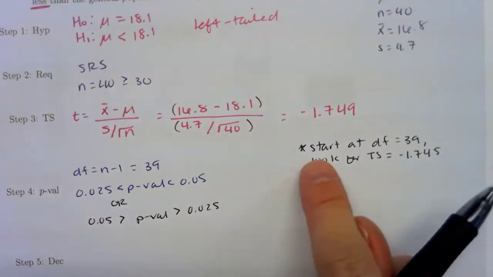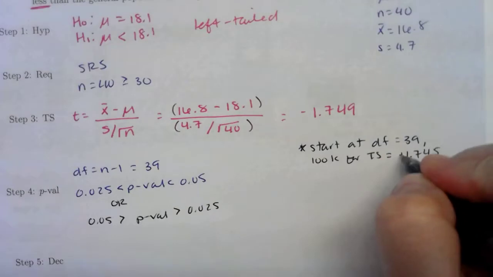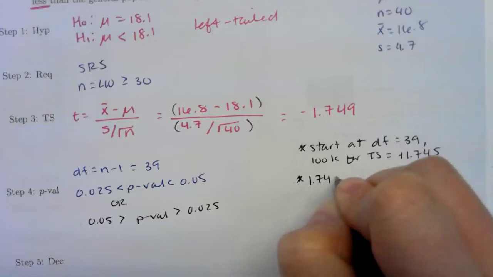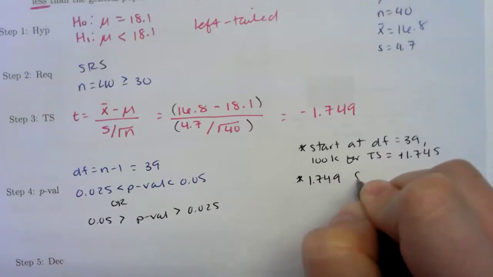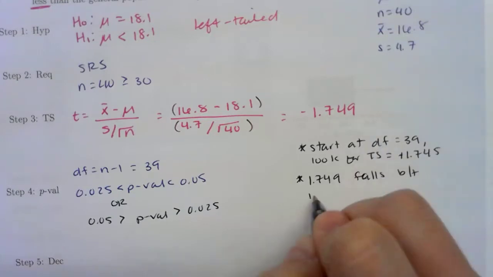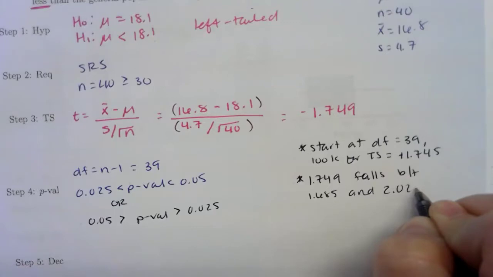Let me reiterate what we did. We started at our degrees of freedom and we looked for our positive test statistic. We noticed that 1.749 fell between 1.685 and 2.023.